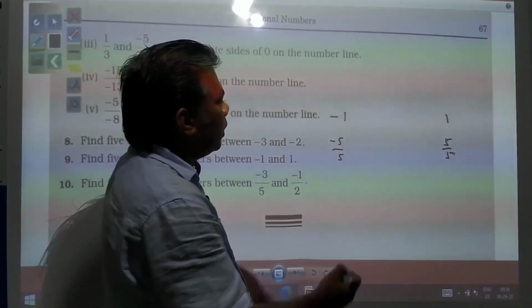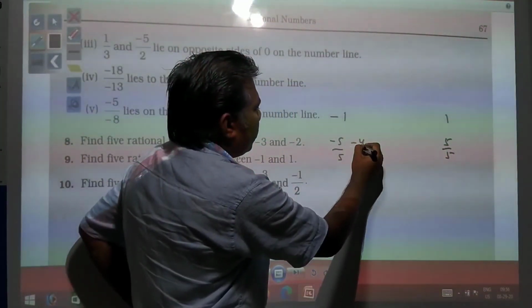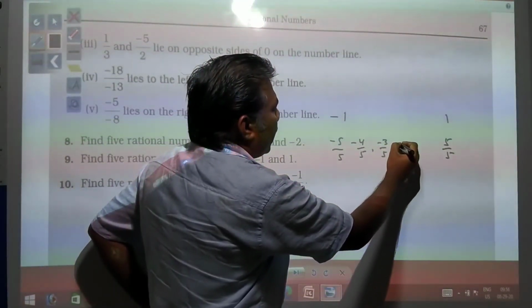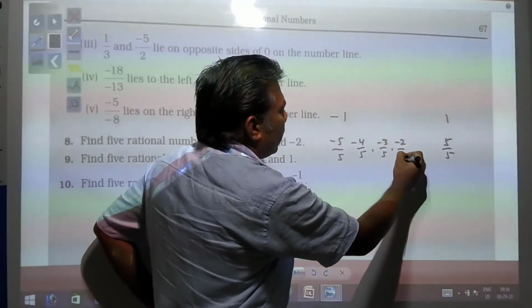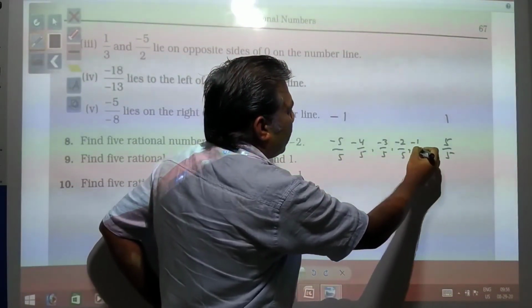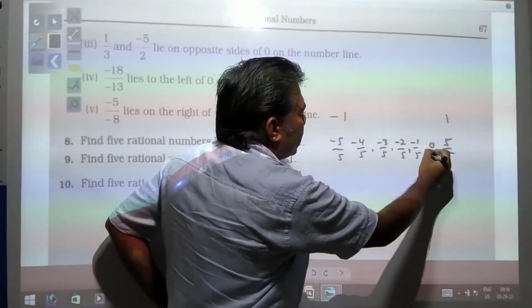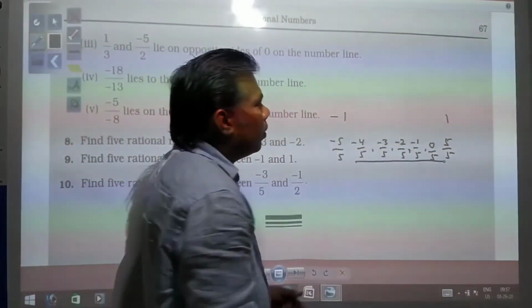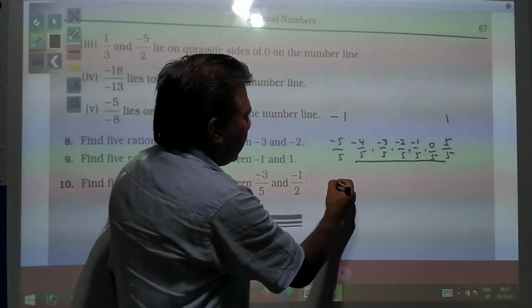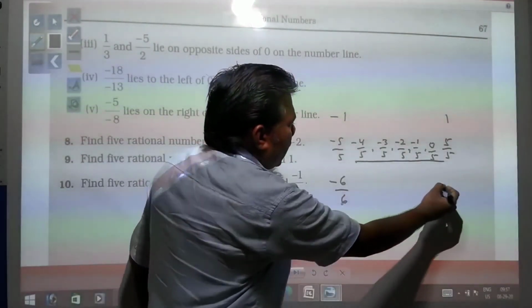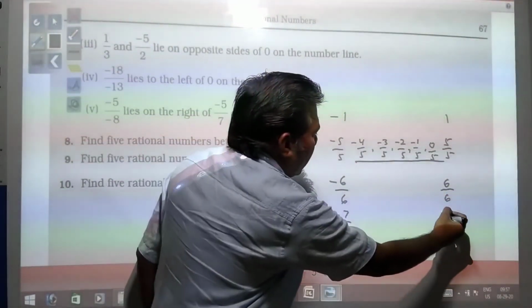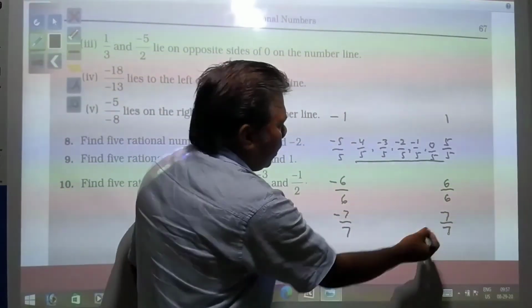So just you see, in between: minus 4 by 5, minus 3 by 5, minus 2 by 5, minus 1 by 5, and even 0 by 5 can be written. So these numbers will be your 5 numbers. Even you can write minus 6 by 6 and 6 by 6, or minus 7 by 7 and 7 by 7, and in between numbers can be written.